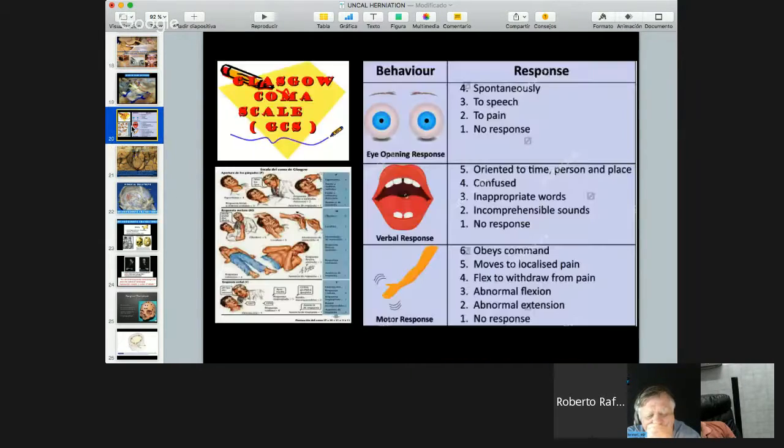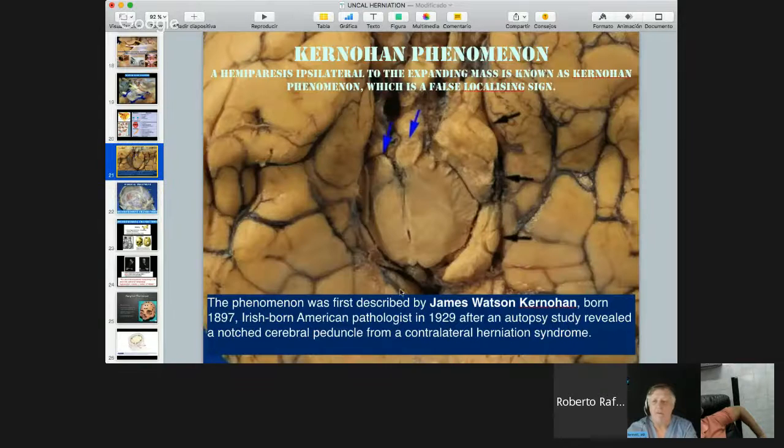The patient should be evaluated completely with the Glasgow Coma Scale, and it is important to examine the behavior: eye opening response, verbal response, and motor response, of course. And there is the Kernohan phenomenon.